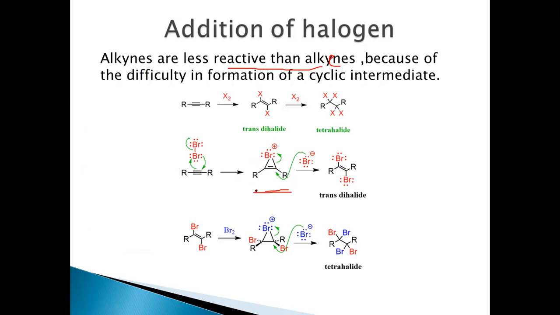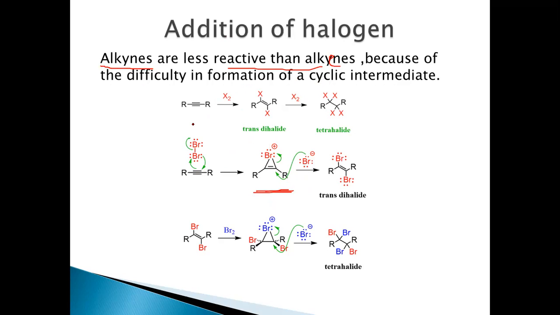Because of this bromonium intermediate, there is a difficulty in the formation of these cyclic intermediates. So alkynes are less reactive than alkenes towards electrophilic addition reactions.